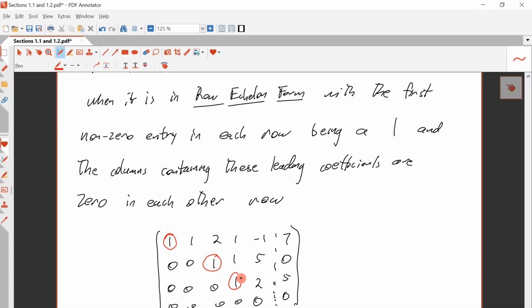And in the column that has the leading coefficient, it's 0 everywhere else. The whole column that has the leading coefficient of 1 gets zeroed out except for that 1. Let's make this a 3 for a little difference.